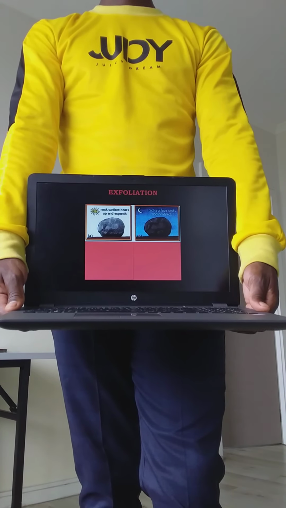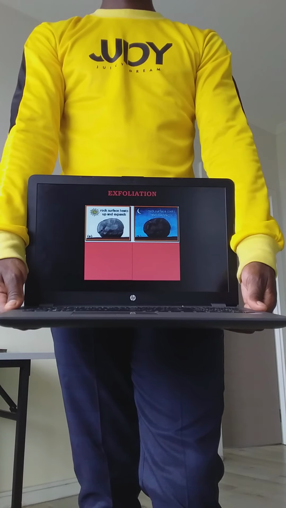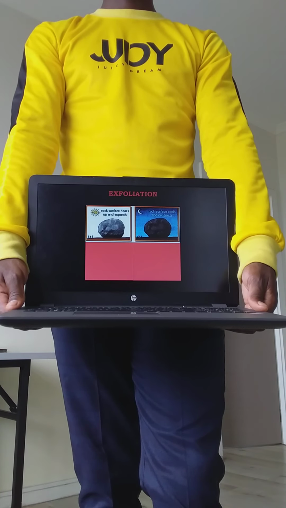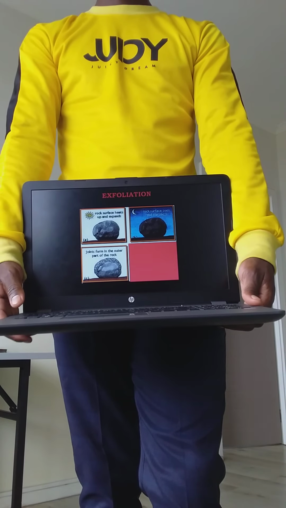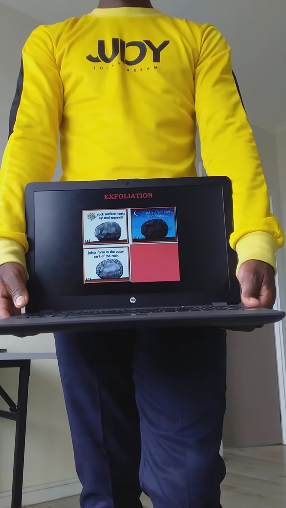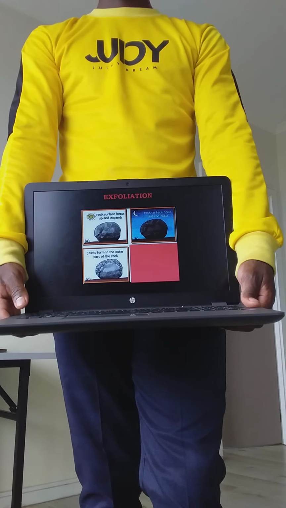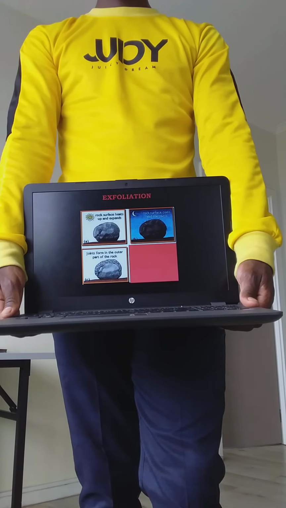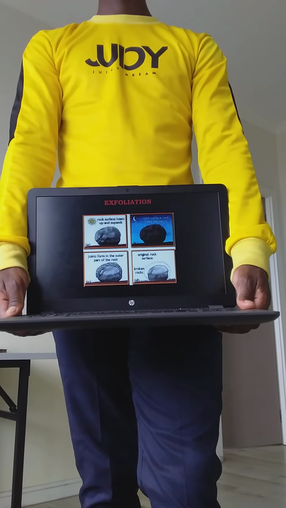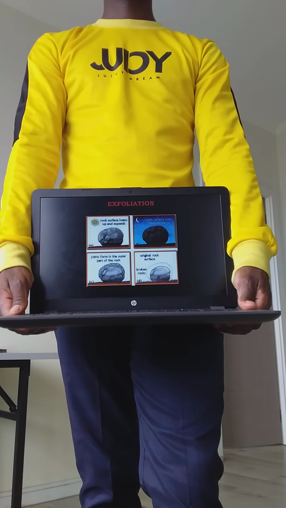For this expansion and contraction to break the rock, it needs to occur as often as possible for as long as possible. Eventually, the outer layers of the rock will start to crack and joints will form in the rock. Over time, these layers will then crumble or slide off the rock layers, leaving behind rocks that look like these.